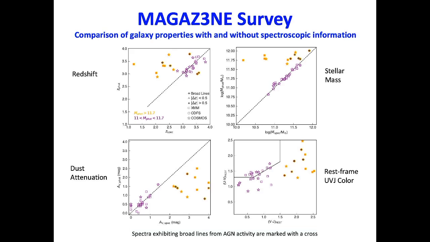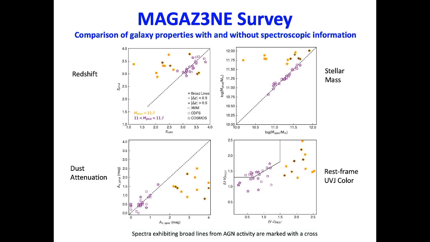So what I've done here is plotted, remember phase 1 is purple, phase 2 is orange, a comparison of the properties of those galaxies with and without spectroscopic information. And you see on the top left redshift, top right stellar mass, dust attenuation, and again the rest-frame UVJ color, but now calculated for the galaxy at its correct spectroscopic redshift.